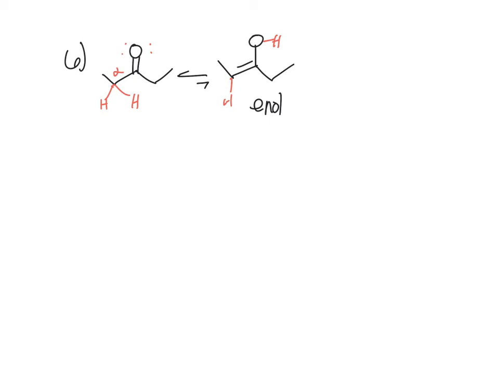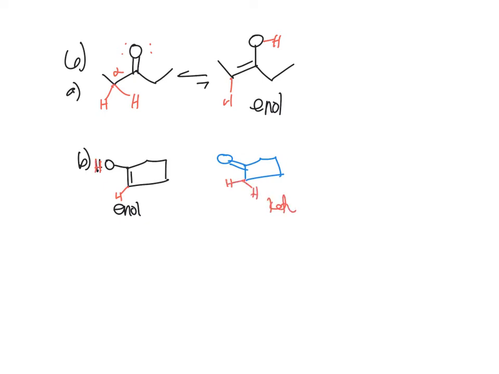So that's A. B, draw the keto form of the following enol. So this is your enol, and they want the keto. There's one hydrogen, and basically these both go back to here, and this is your keto. And that would be your equilibrium arrow.